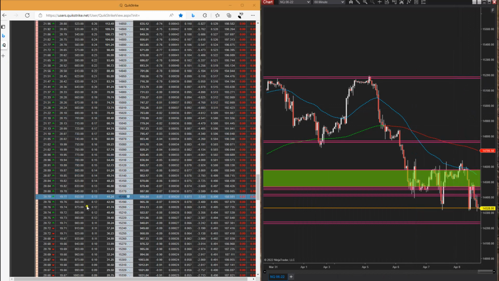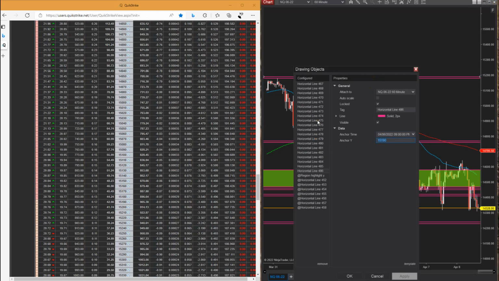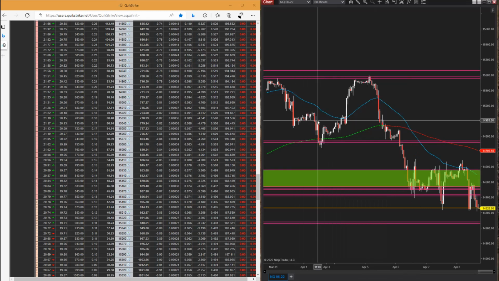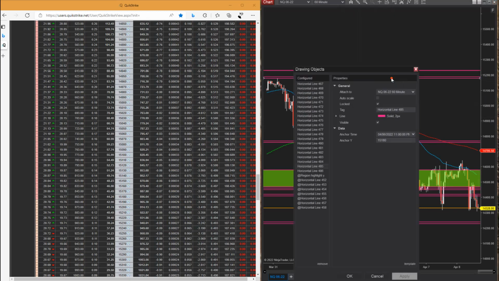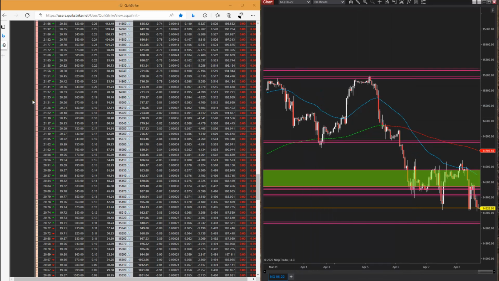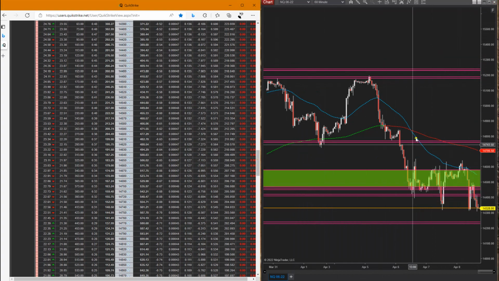Let me see. $230, $240. Yeah, sorry. Okay, there we go. There's your upper levels. So now we have the monthly options levels.